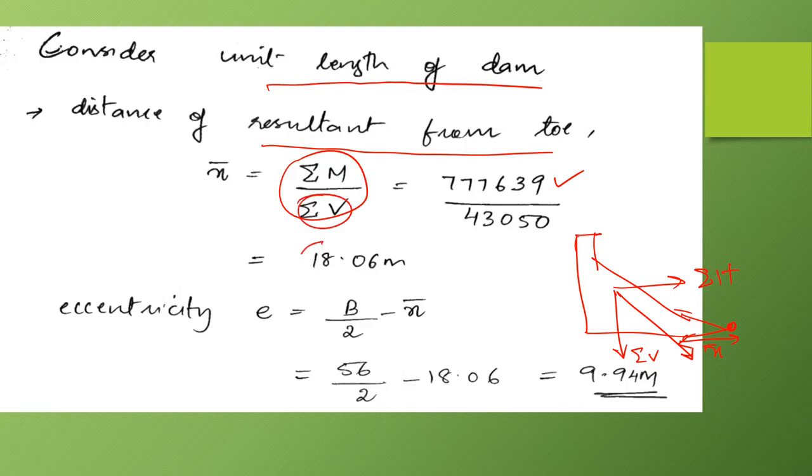So you will be getting x bar, or the distance of the resultant from the toe of the dam, as 18.06. Now we need to find the eccentricity. So eccentricity is the distance between midpoint of the base and the resultant. So that is B by 2 minus x bar, where 56 is the base width of the dam. 56 by 2 minus x bar, you will be getting eccentricity as 9.94.